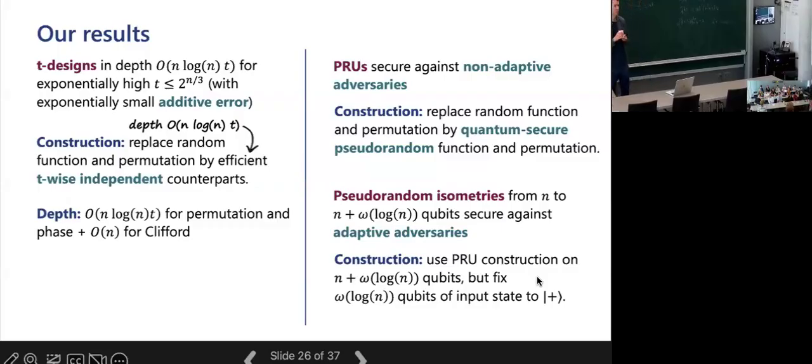So this construction doesn't work for inverses. Basically, if you take the PFC and invert it, you get PFC dagger, okay, these daggers don't matter, so you get permutation, phase, and Clifford.